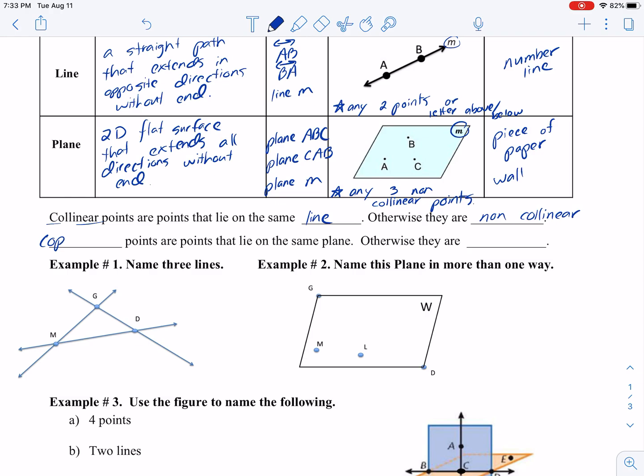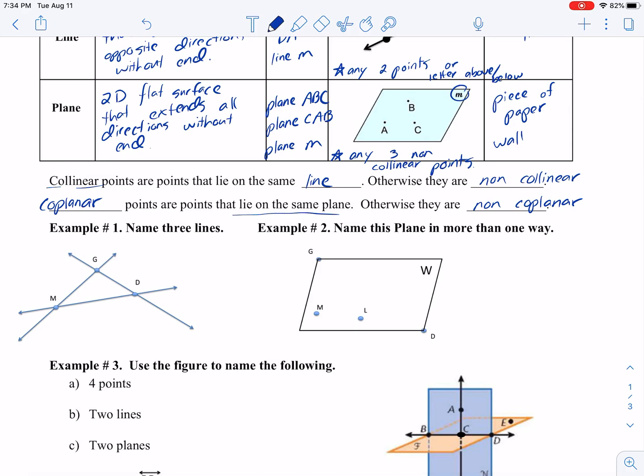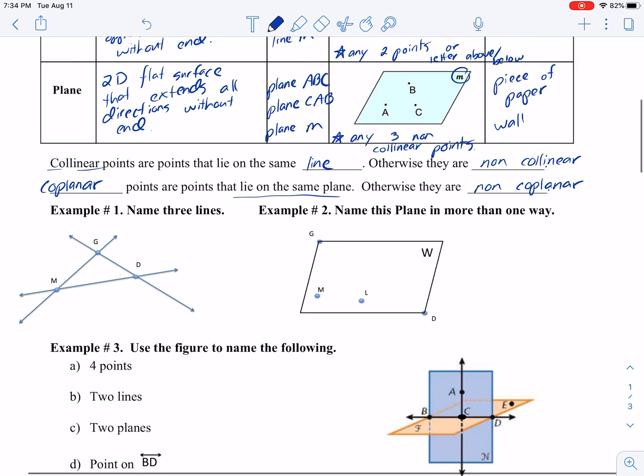And then we also have coplanar points. Coplanar points are points that lie on the same plane. If there are points that do not lie on the same plane, they are non-coplanar. You'll see plenty of examples of non-coplanar or collinear or non-collinear points on our GeoGebra activity that we're going to be working through in our next Zoom meeting.